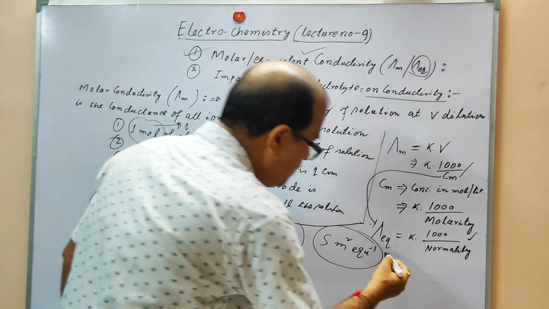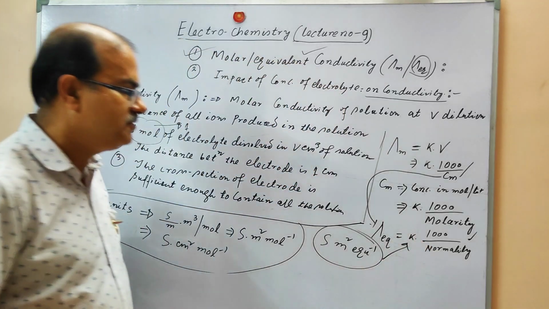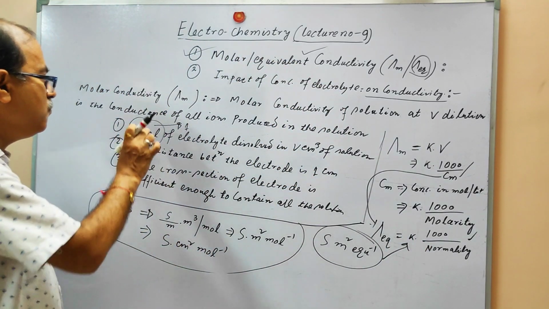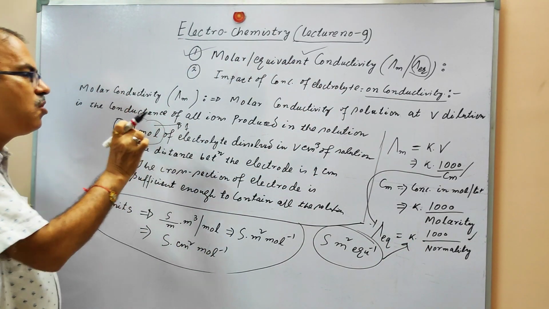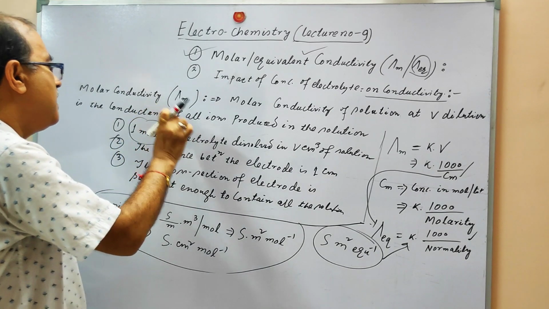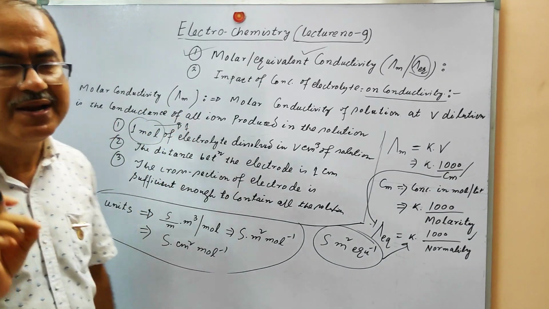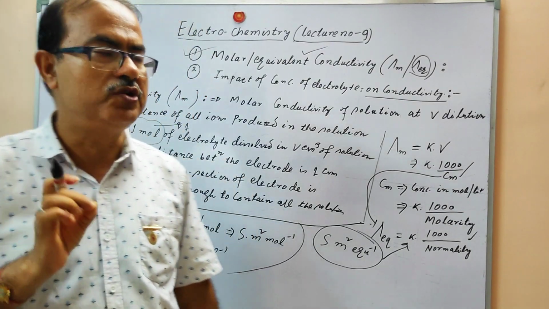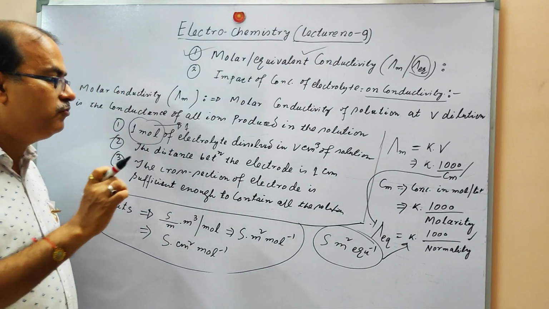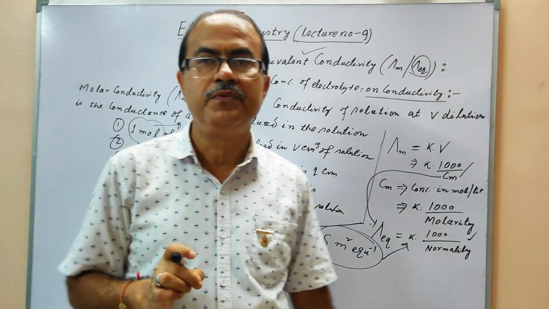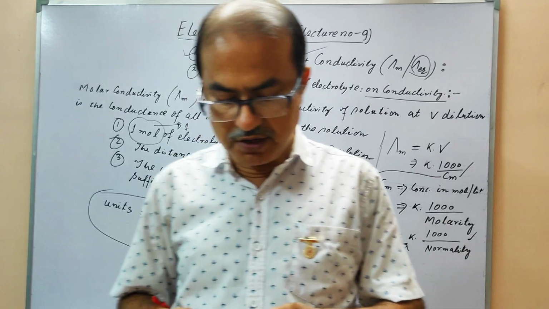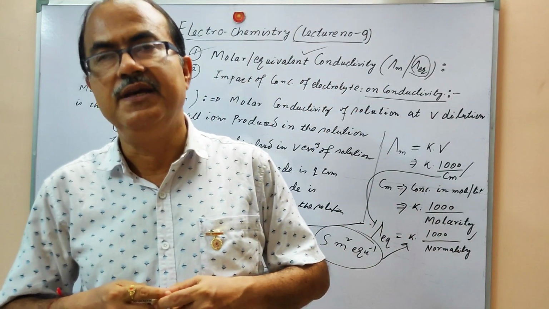This is basically simple: we have replaced 1 mole of the electrolyte by 1 gram equivalent of the electrolyte, and that gives the equivalent conductivity. So we understand the molar conductivity and the equivalent conductivity.